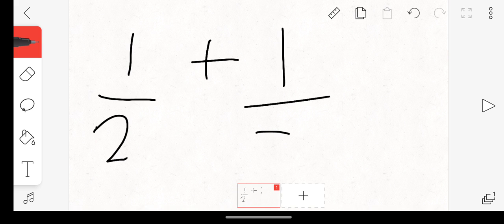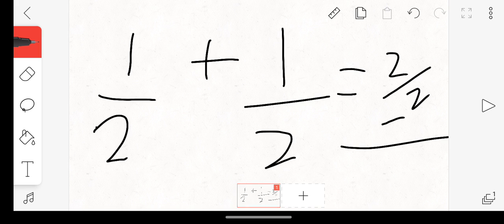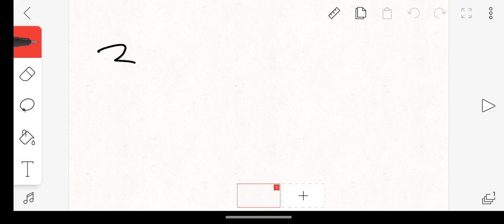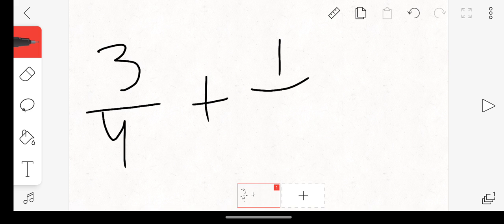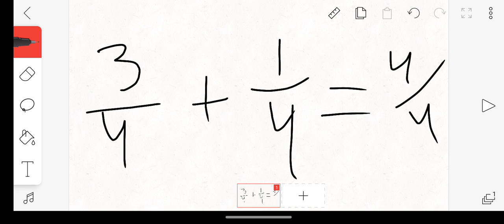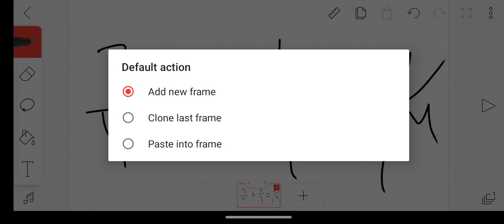Next one. Yes, 2 halves or 1. Yep, 4 fourths or 1. Okay, we have 3 more to go.